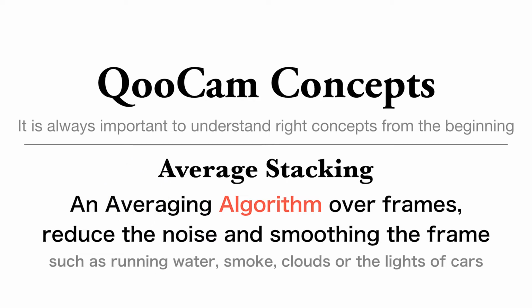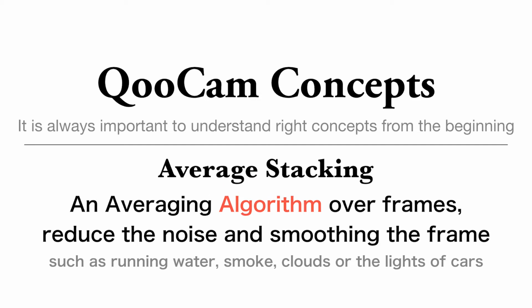And after the average stacking, you will have reduced the noise, and the result is you will get a smooth frame. You will get rid of the noise. And after average stacking, you can get running water, smoke, clouds, or light trails, just like a long exposure effect. So average stacking is in fact an algorithm.